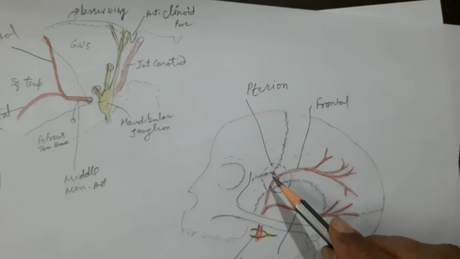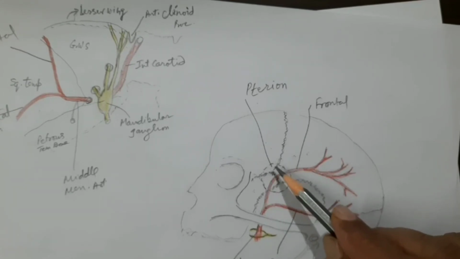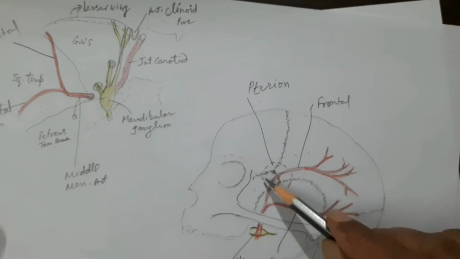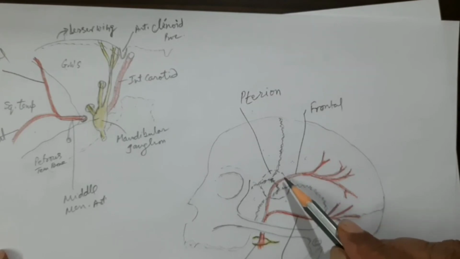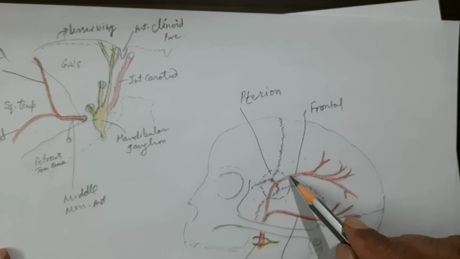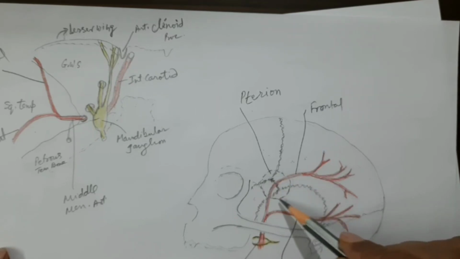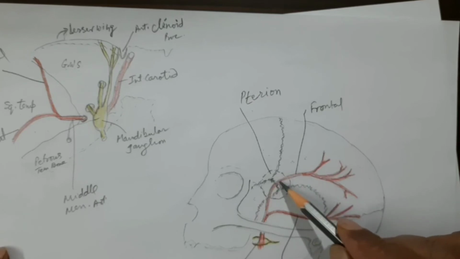The bone may also get fractured, and with this fracture of the bones in the region of the pterion, the artery will rupture. As I said, this artery is running between two layers of the dura, the meningeal and endosteal layers. So the blood will collect between these two layers. You can say that it is outside the dura and deep to the bones.